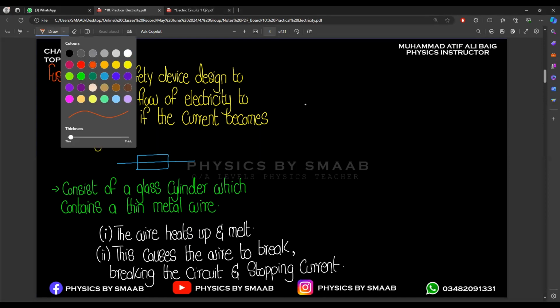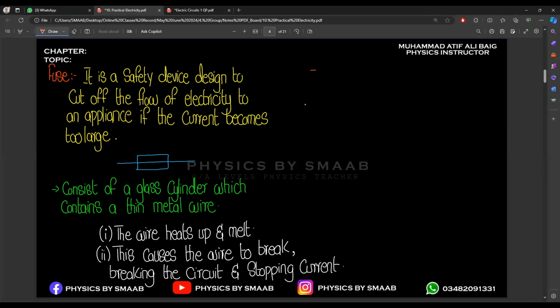So basically this is the idea of the fuse, how a fuse works. And there are different varieties of the fuse. Variety in the sense that there are different values of the fuse, like normally what we use in our circuit is 3 ampere, 5 ampere, 13 ampere. So if your circuit is working on like 4 ampere, 4.5 ampere, or a value like this, under the value of 5 ampere, we use the fuse of 5 ampere, because the requirement of the circuit is 4.5 or any value before 5 ampere.